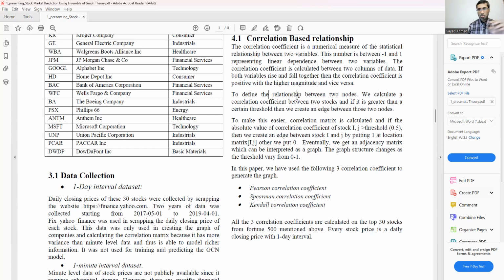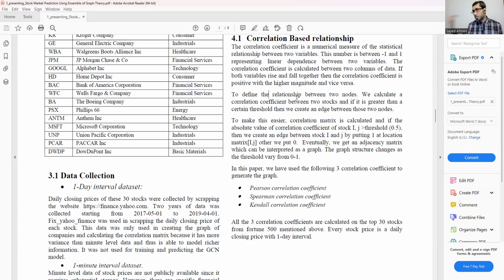So if there is no correlation between two stocks, there will not be an edge between those nodes. It is just the graph structure that represents the correlation between different stocks. If there is a real correlation in the data set, then we'll put an edge. That's how the graph structure will be created. So it doesn't have the pricing information, but we use the pricing histories and their relations among different stocks to create this graph structure. So that is one input.